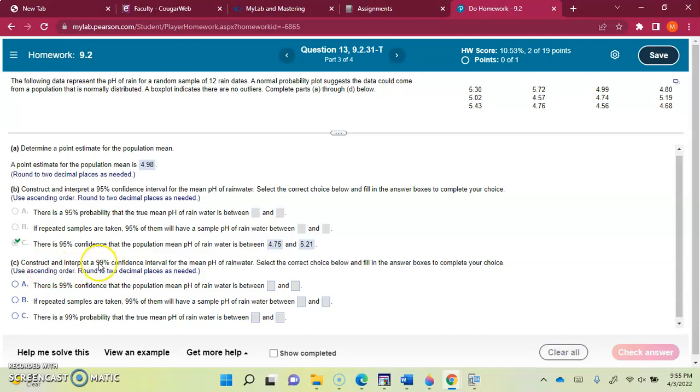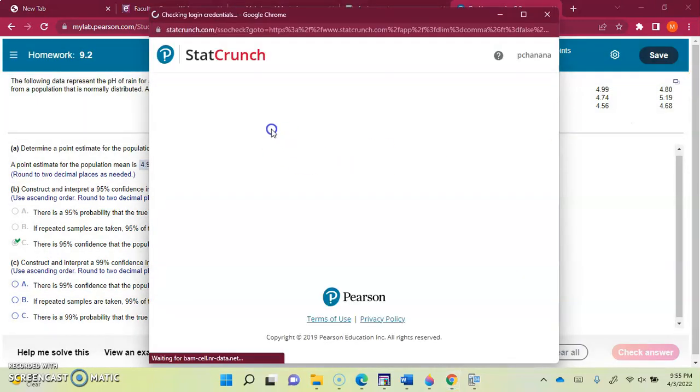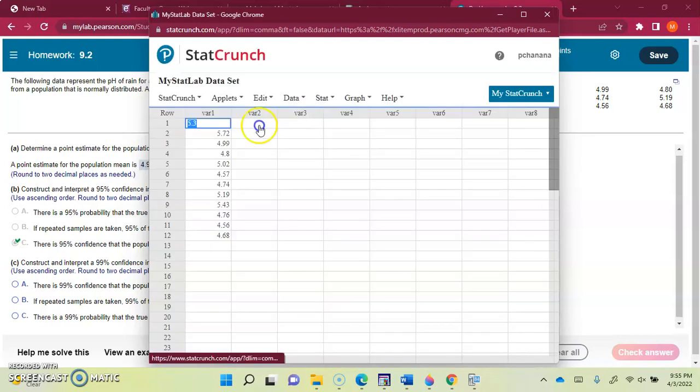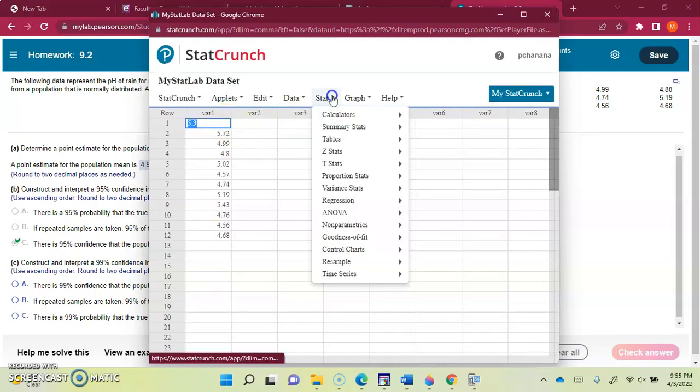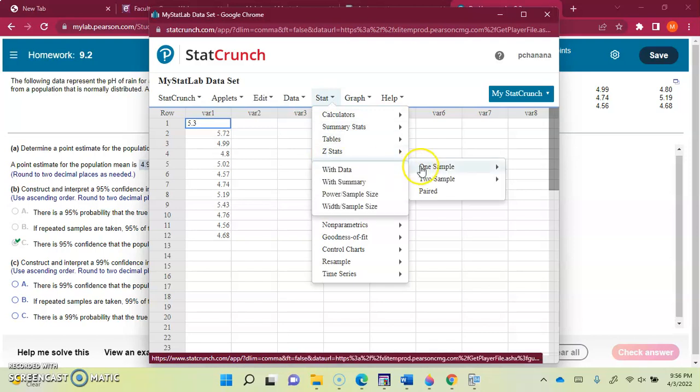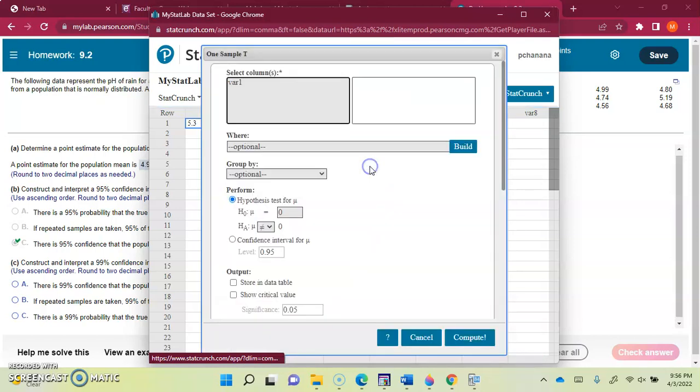Construct and interpret 99% confidence interval. So they are asking again, but now 99%. So let's see how it changes. Again, I'm using StatCrunch because it's convenient here. Stat and go to T stats. We have only one sample and we have data.